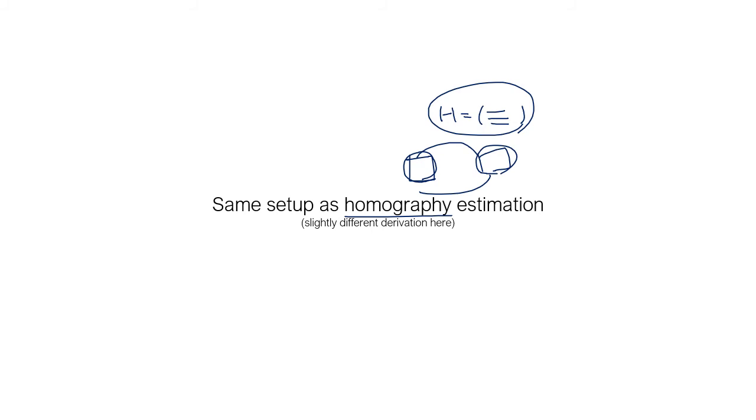It is a very similar setup to homography estimation, but as you know, the degrees of freedom are different. For homography, we have 8 degrees of freedom, but for the camera matrix, we have 11 degrees of freedom. So the derivation for camera matrix estimation is slightly different.